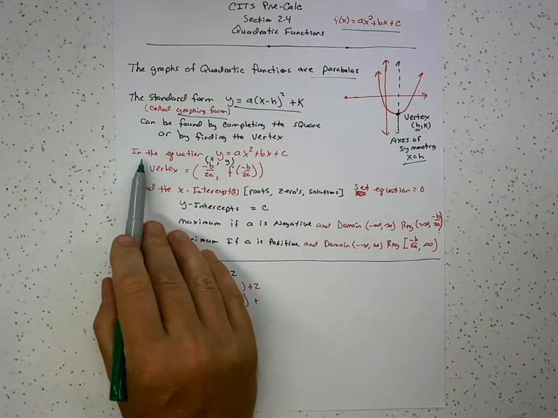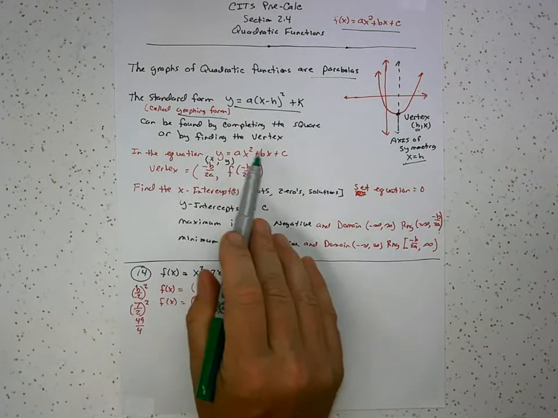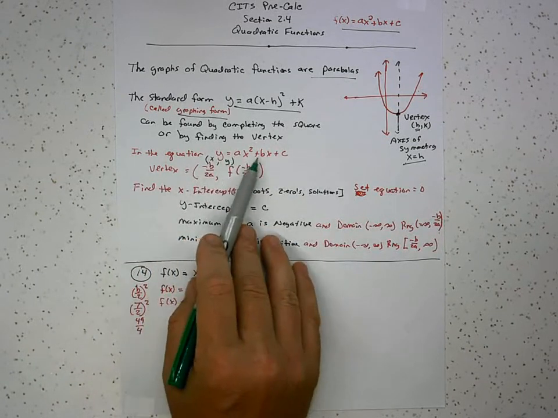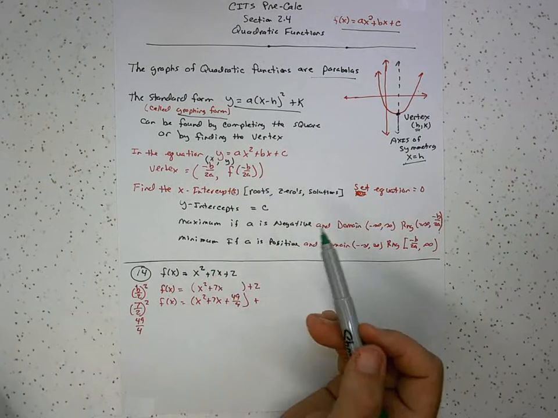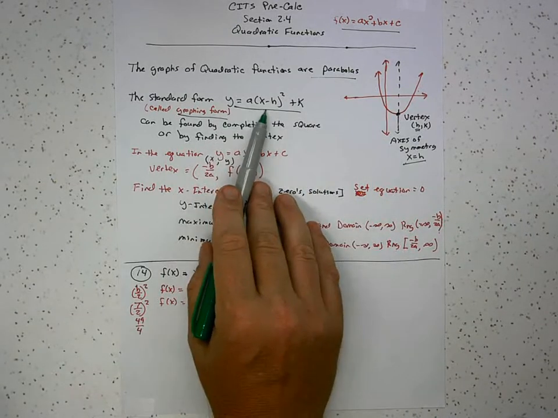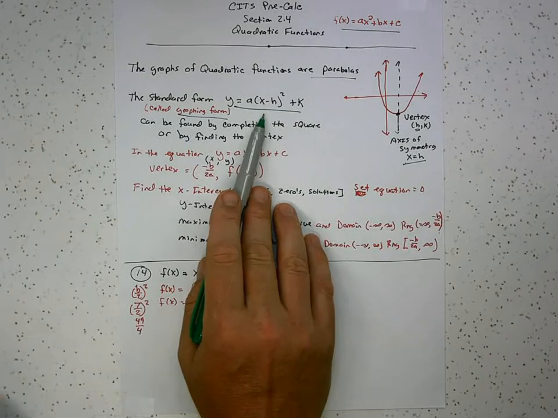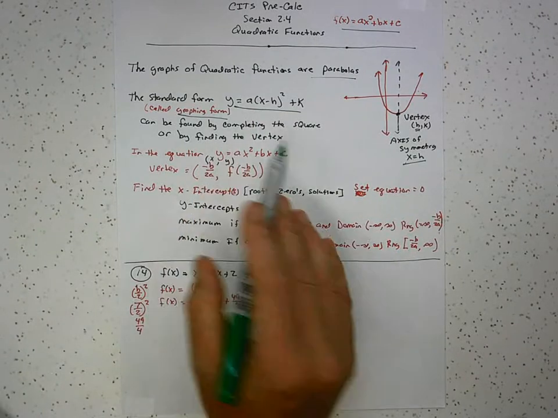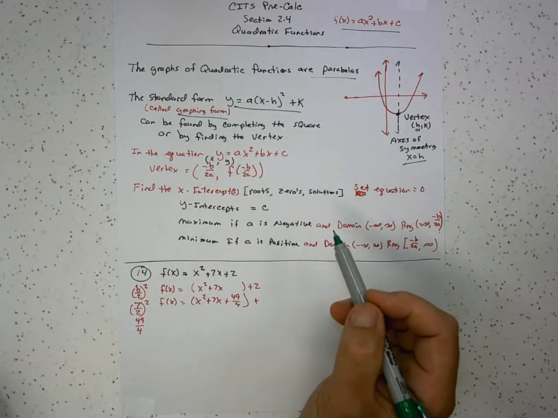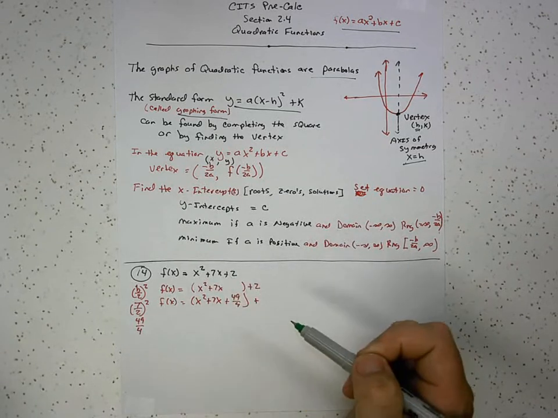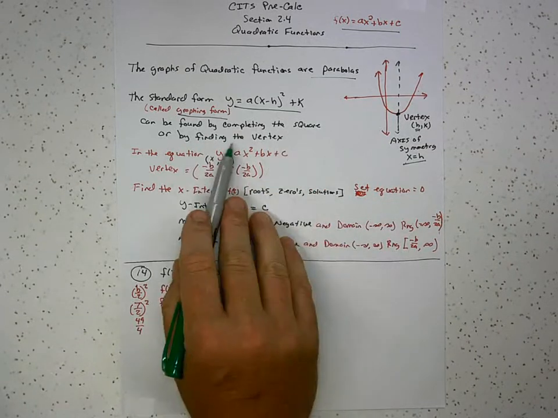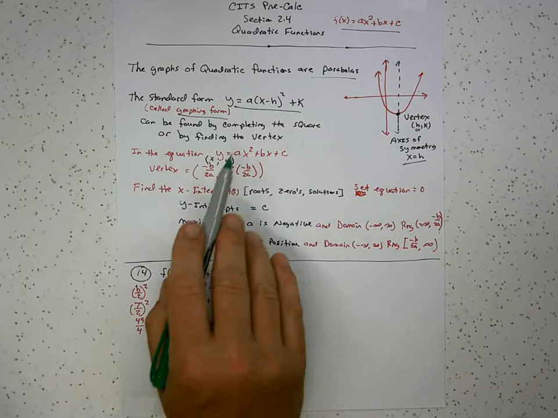Okay, now, so in an equation, y equals ax squared plus bx plus c, we have two ways of getting this into our standard or graphing form. We can use completing the square, which we've already done just a little bit of, but we're going to do a lot more in this assignment. Okay, we can find it by completing the square, or we can do a different method.